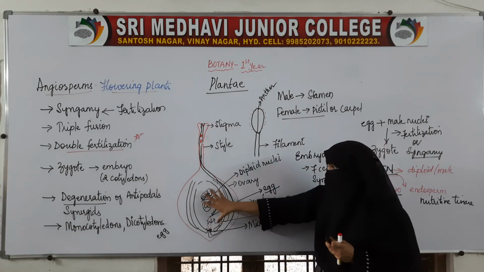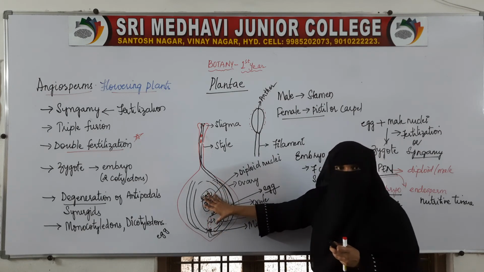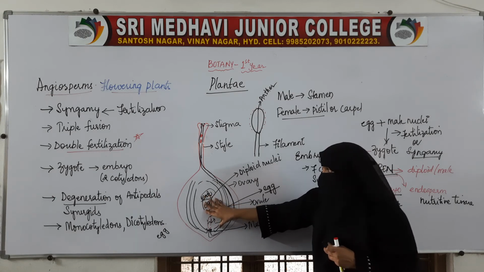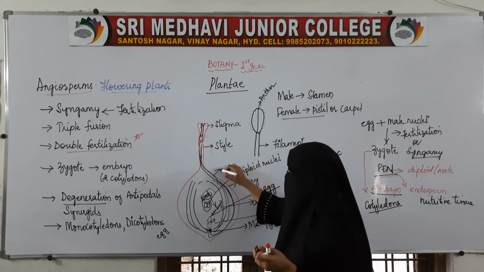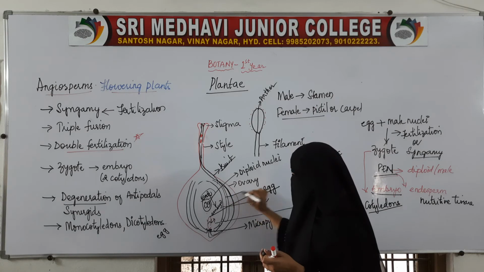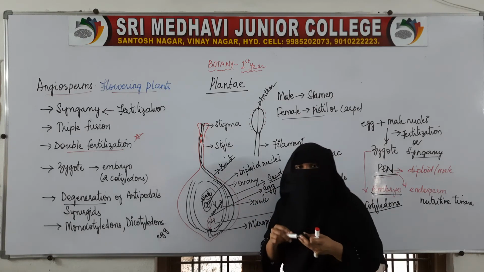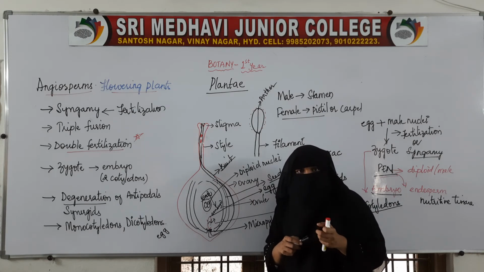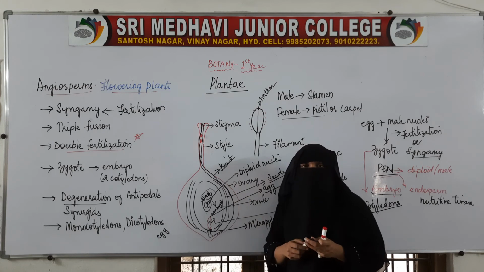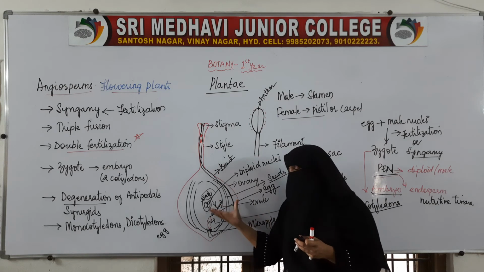At the end, the embryo will grow and change into a seed, and this whole ovary will change into fruit, and the ovule will change into seeds. So angiosperms are the plants which bear fruits, and the seeds are enclosed in fruit.